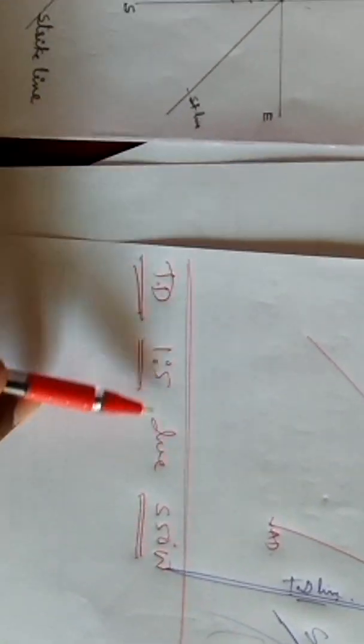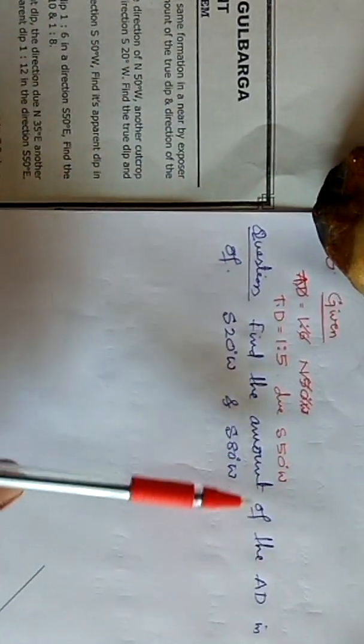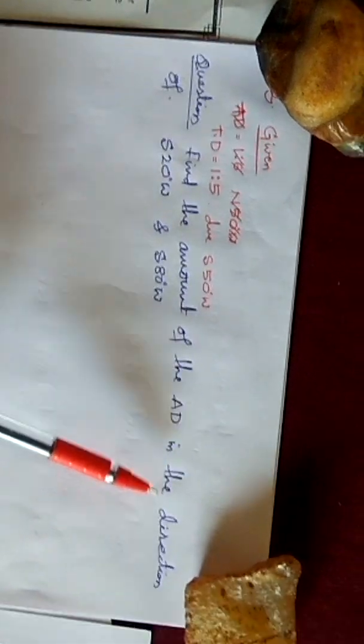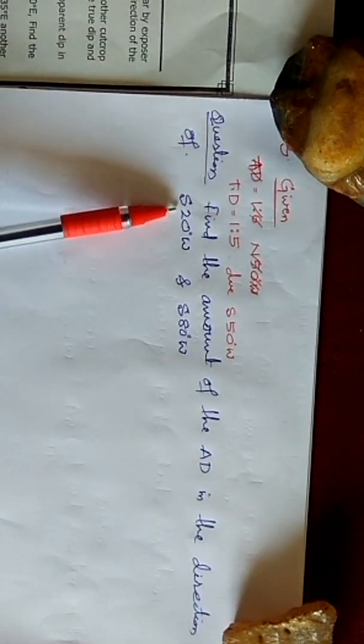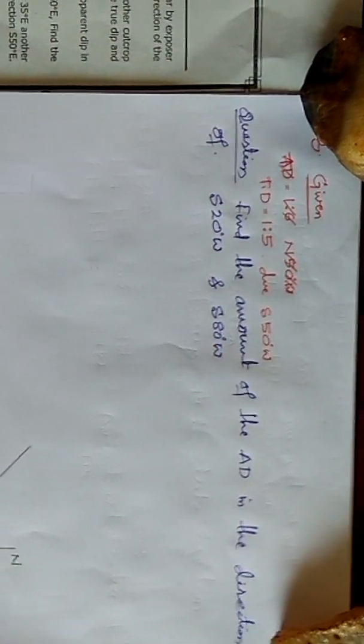After giving this data, he has asked you to find the amount of the apparent dip in the direction of south 20 degree west and south 80 degree west.